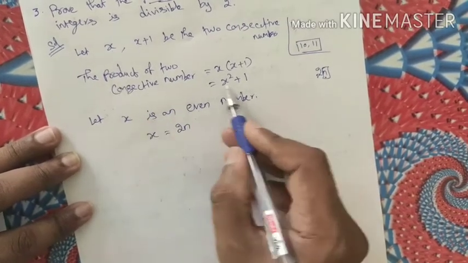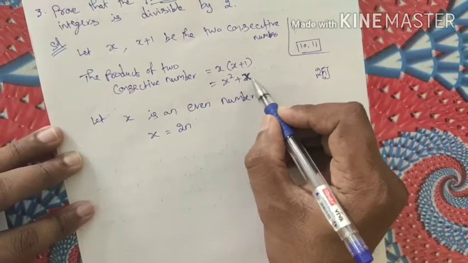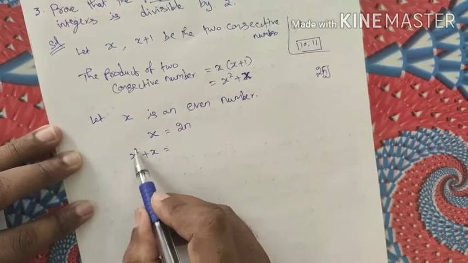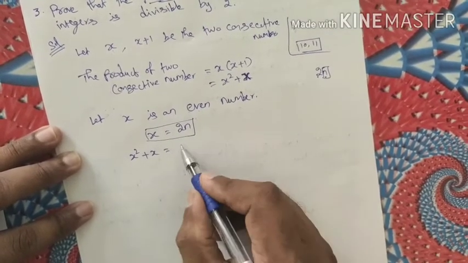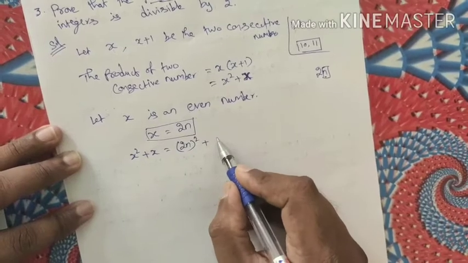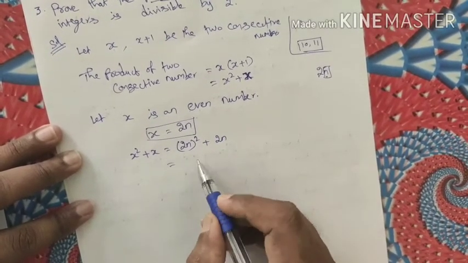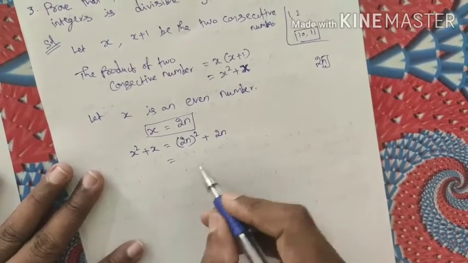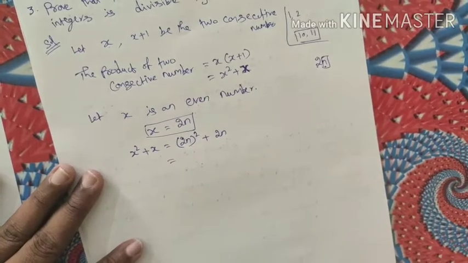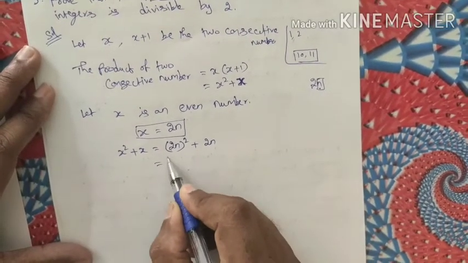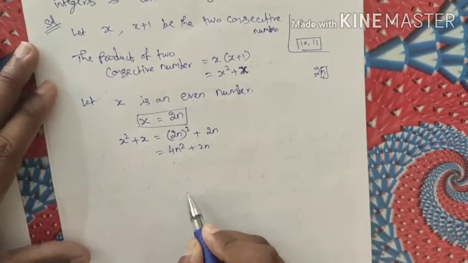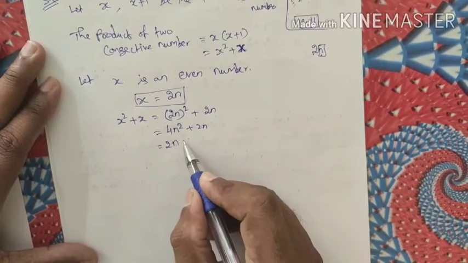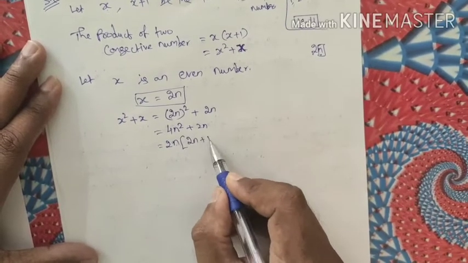So now the product of two consecutive numbers is x square plus x. In the place of x we put 2n, so (2n) whole square plus 2n. When we square this we get 4n square plus 2n, and then we take 2n commonly outside, and inside we have 2n plus 1.